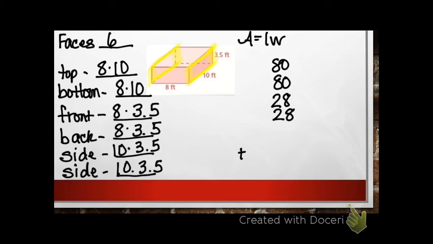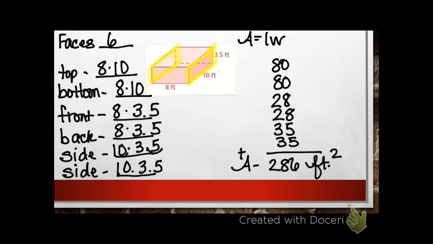And then 10 times 3.5, remember anytime you're multiplying a number by 10, there's just 1 zero, so I move the decimal 1 time, and my answer is 35. All right, when I add all these numbers together, I'm going to get 286, and we're talking about feet. Square feet, because we are dealing with area. This is surface area.